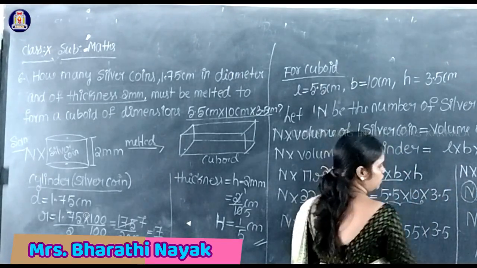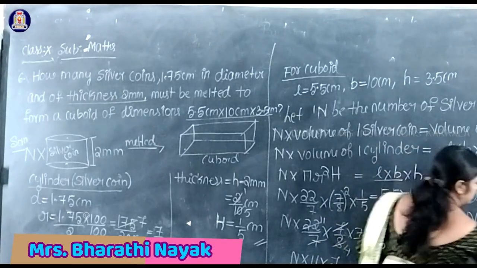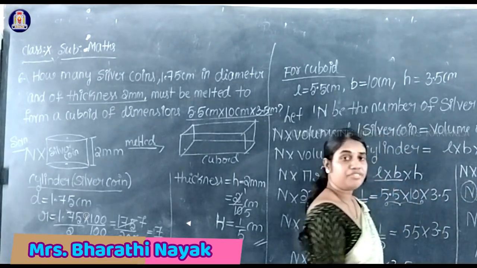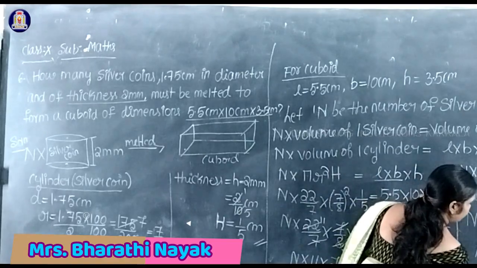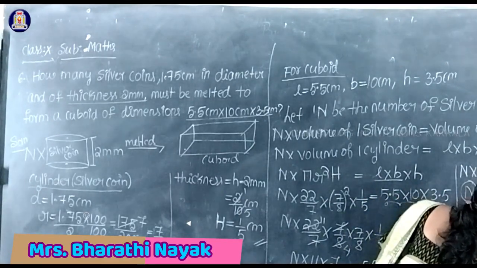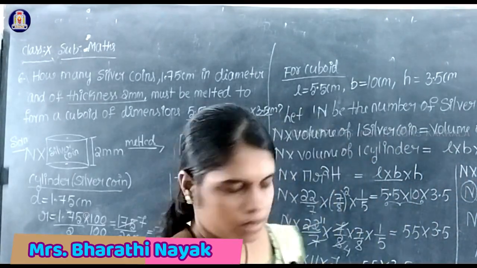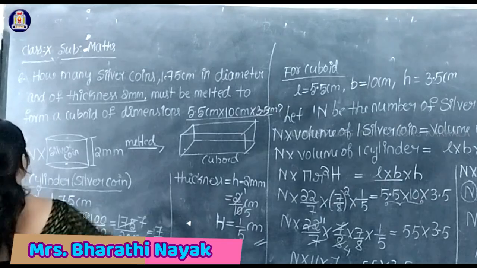Okay, so now n is equal to, we'll simplify this. First I'll multiply 5 into 5. 5 5s are how much? 25. So 25 into 0.5 into 32. Okay, so multiply those terms.